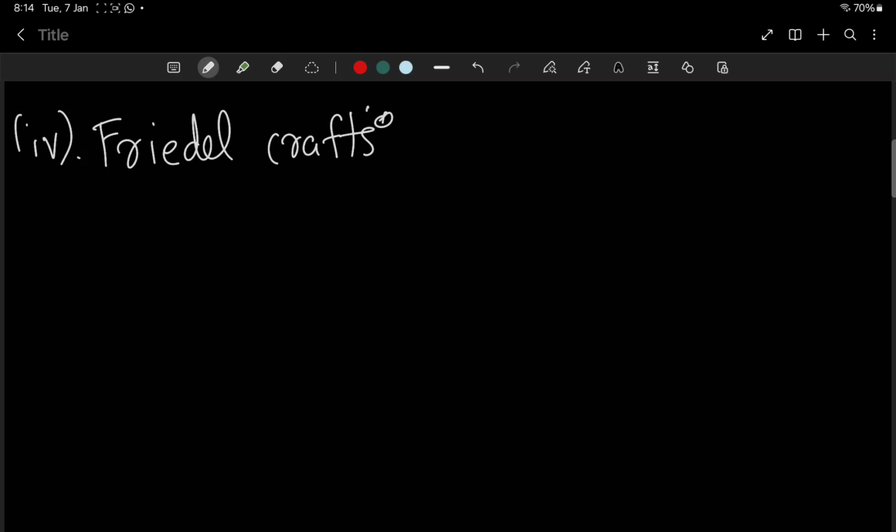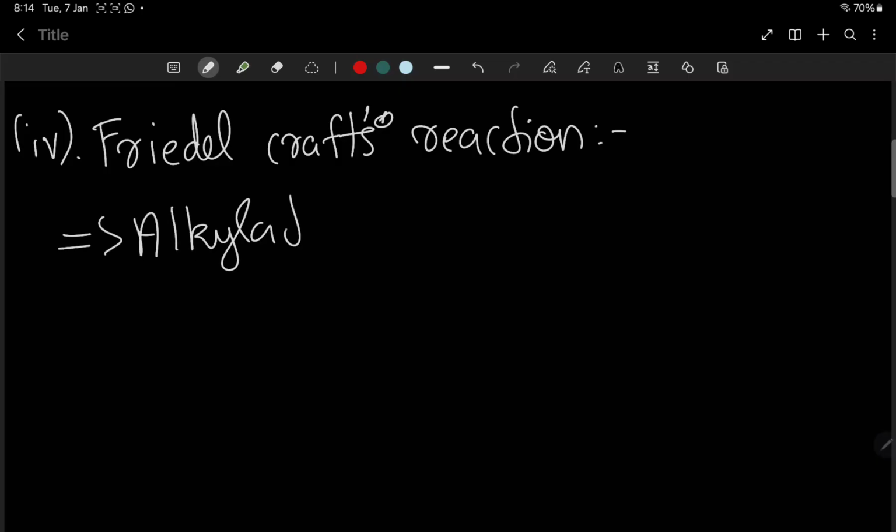Now the next very important reaction is the Friedel-Crafts reaction, which you learned in hydrocarbons. The first one is alkylation. What happens?